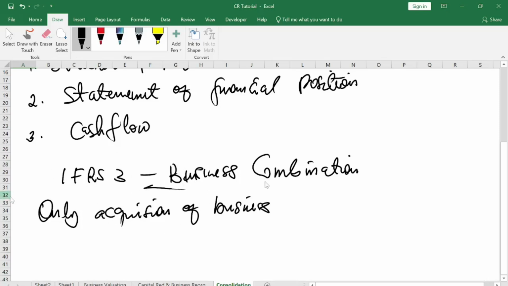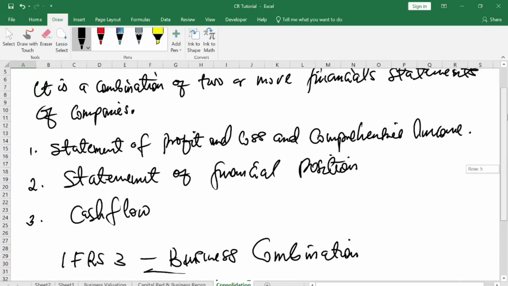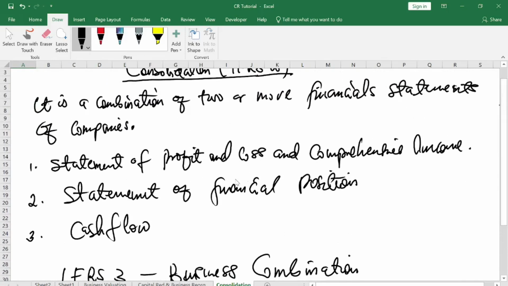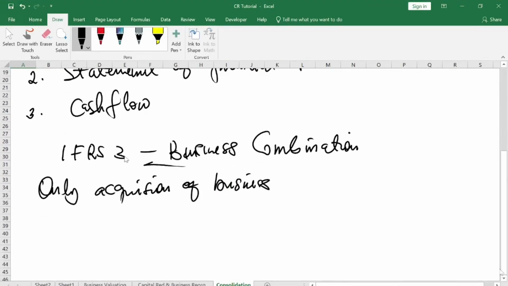After acquisition of a business under IFRS 3, then you go to IFRS 10. That is where you continuously consolidate accounts of businesses over the period. The difference between the two is that IFRS 3 happens only once, you understand?